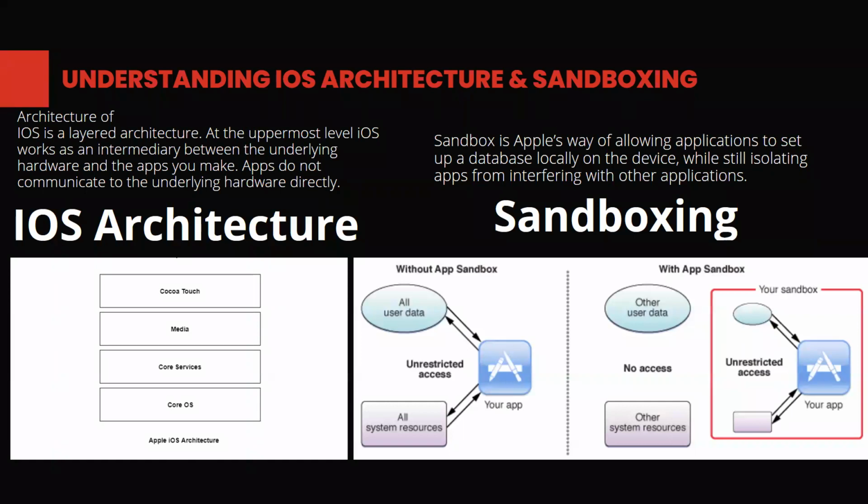Others are the External Accessory framework, security services which Apple provides, and the Local Authentication framework, which are under the Core OS layer. The second one is the Core Services layer. Some of the important frameworks available in the Core Services layer include the Address Book framework, which gives you programmatic access to the contacts database of users.